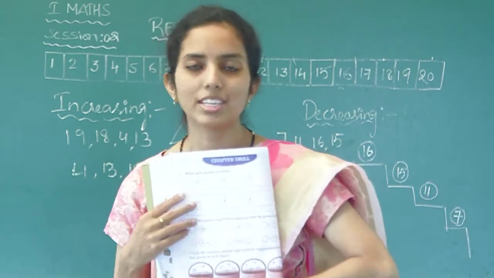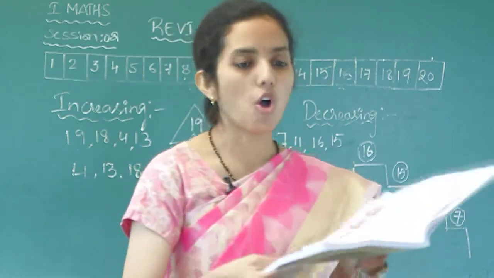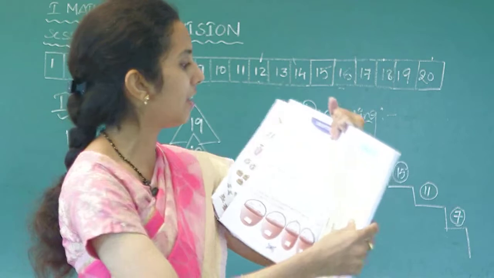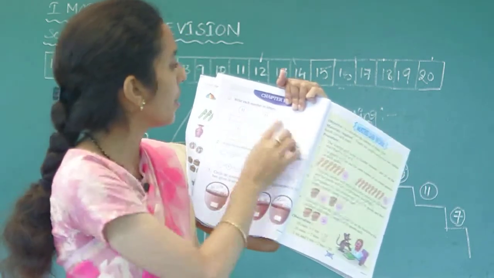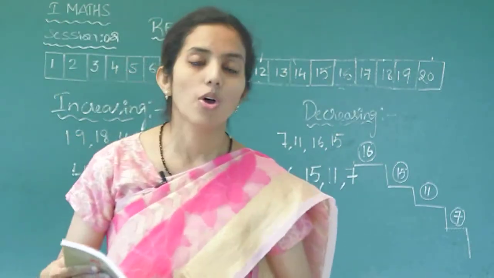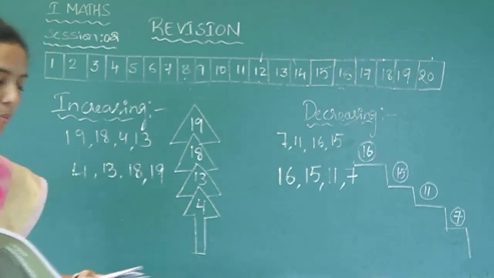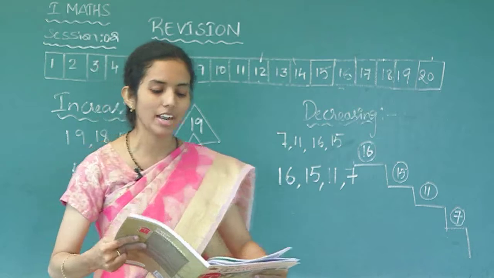Page number 26 is our chapter drill, that is revision of all the topics that we have learnt in our first lesson. Write each number in letters. What is he asking? He is asking us to write the number names of each number: 11, 15, 17 and 19.